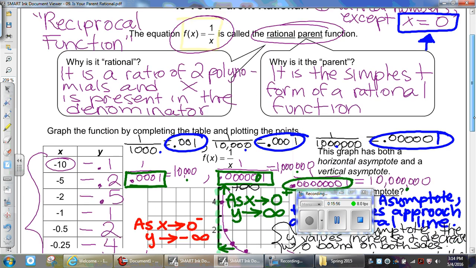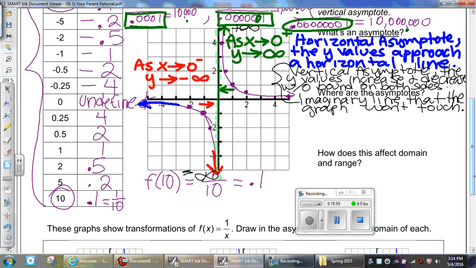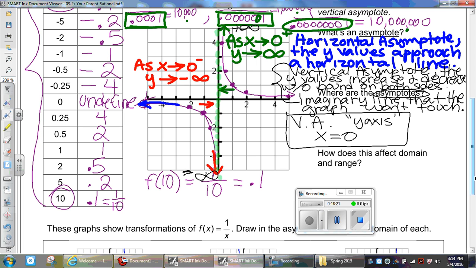So that one is also going to give you the equation of the vertical asymptote. So this question says, where are the asymptotes? Well, the vertical asymptote is located on the y-axis, but we have to give it an equation, and that equation will be x equals 0. That's for the vertical asymptote.